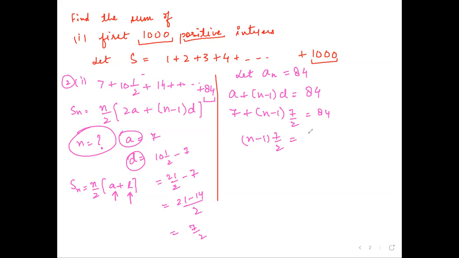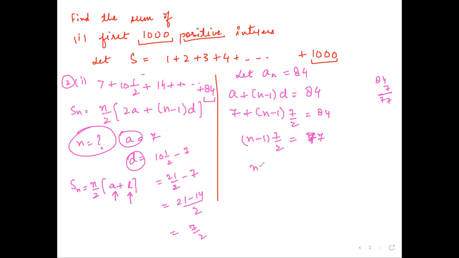Now this is N minus 1 into 7 by 2 is equal to 84 minus 7, which will be how much? 77, sorry, not 57. Clear? 84 minus 7 will be how much? 77.